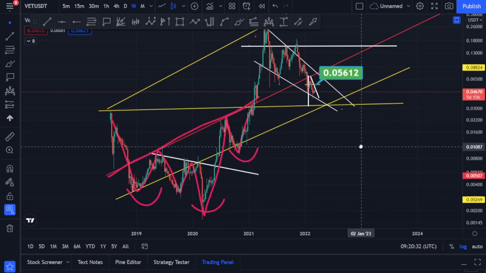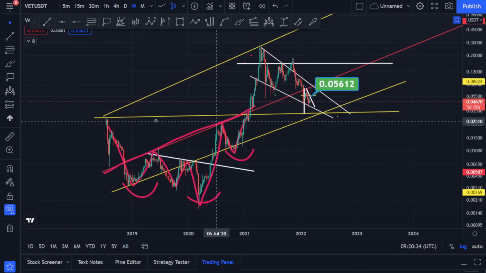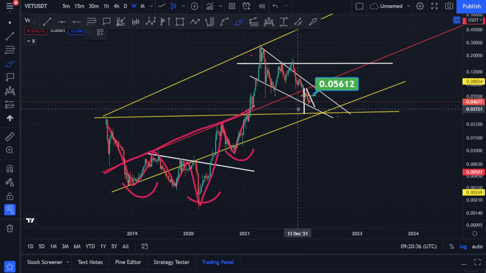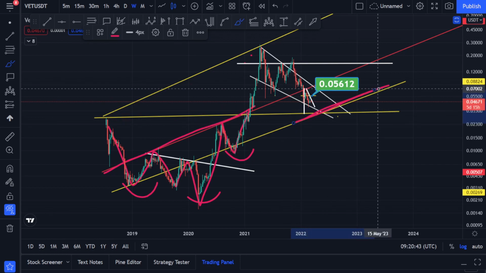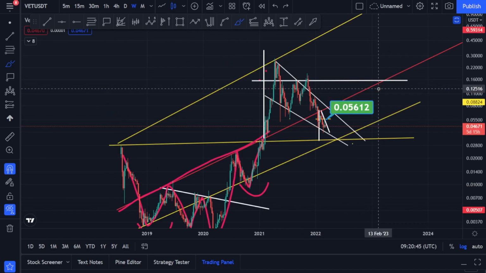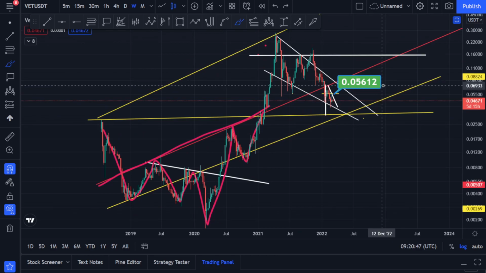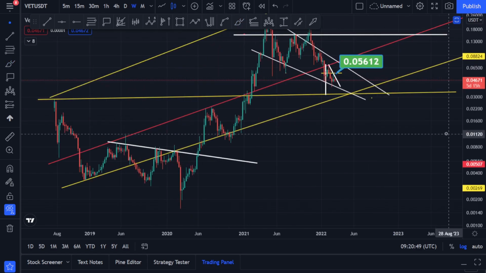But if you see VeChain break this level, which I feel is this resistance line, then yeah, things are looking bad for VeChain, and things can start looking ugly.